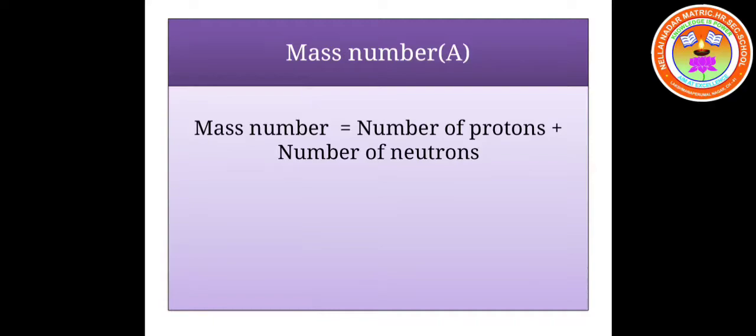Because the mass of electrons is negligible, they are not taken into account. We consider only the masses of protons and neutrons present in an atom. So we can say like this: mass of an atom is equal to the mass of the nucleons present in an atom. So mass number is equal to number of protons plus number of neutrons, and it is denoted by the symbol capital A.